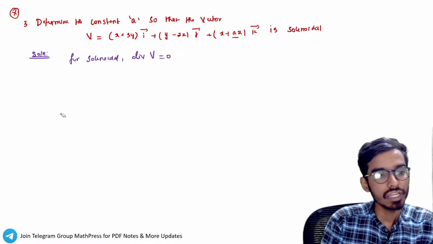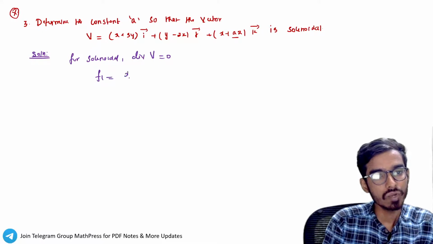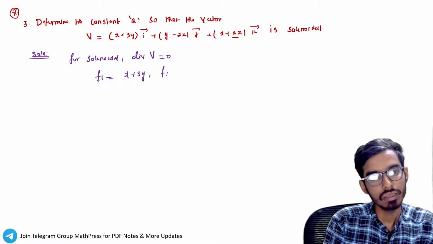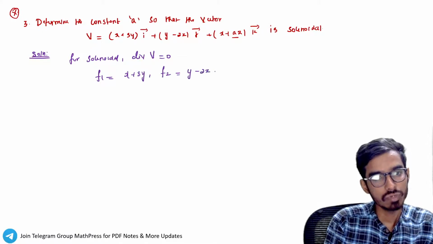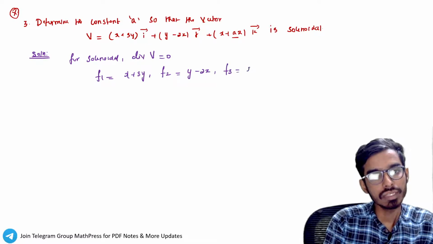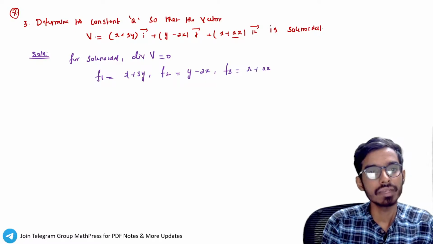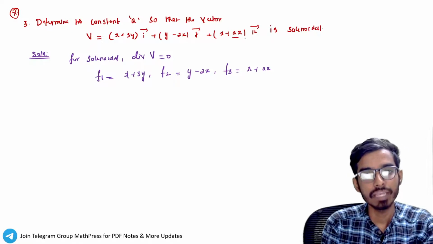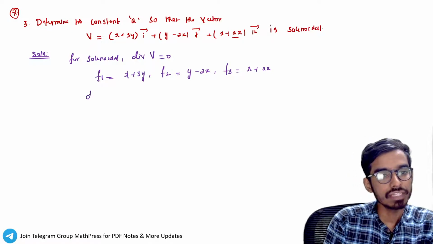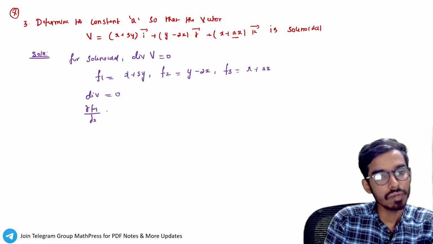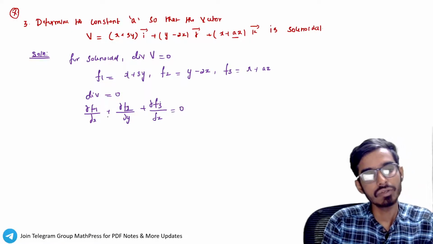So what is f1, f2, f3? f1 is x plus 3y, f2 is y minus 2z, f3 is x plus az, right? Because b is f1 i plus f2 j plus f3 k. So divergence of b is 0, right? So what is divergence of b? ∂f1/∂x plus ∂f2/∂y plus ∂f3/∂z is equal to 0.